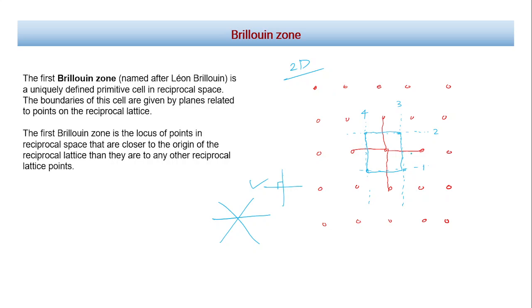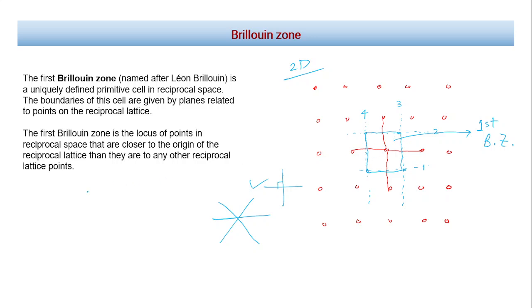So this area occupied by these four blue walls is the area that would be called the first Brillouin zone. And this is first.